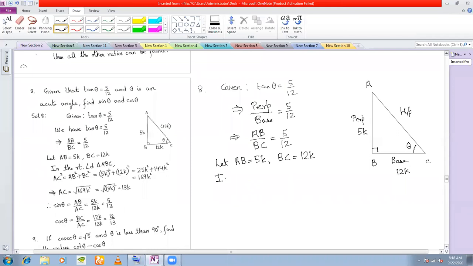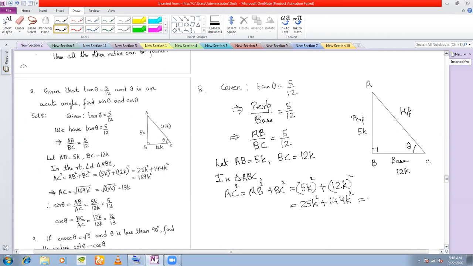Okay, so in triangle ABC, AC square is equal to AB square plus BC square. AB is 5K, AB square is 5K whole square, and BC is 12K, so BC square is 12K whole square. And remember, 5K whole square is 25K square, and 12K whole square is 144K square.